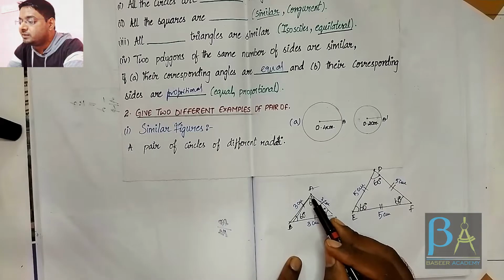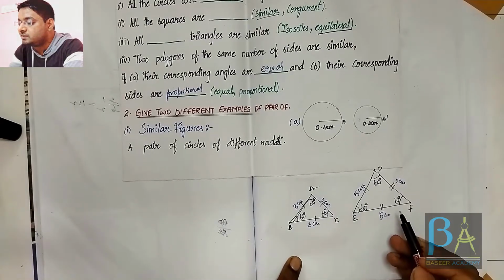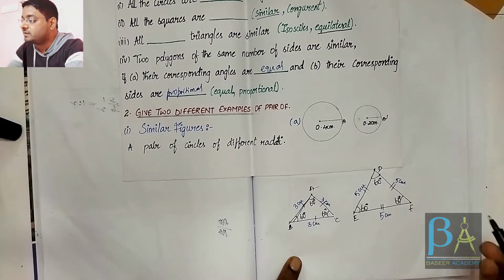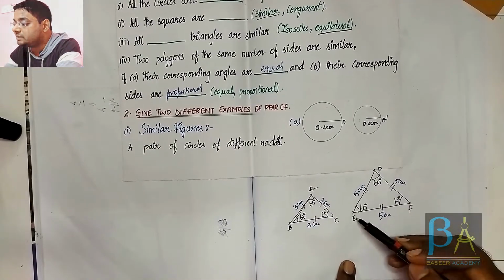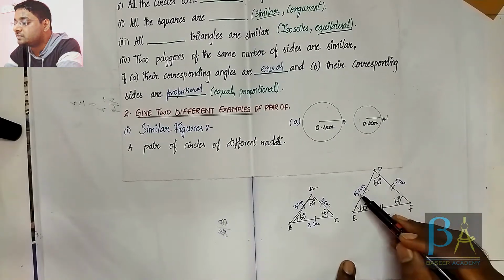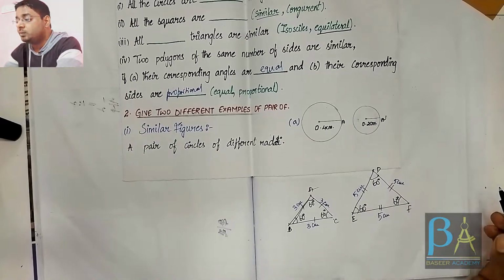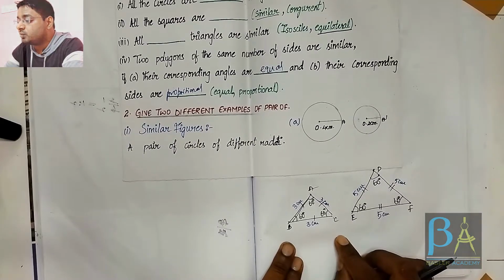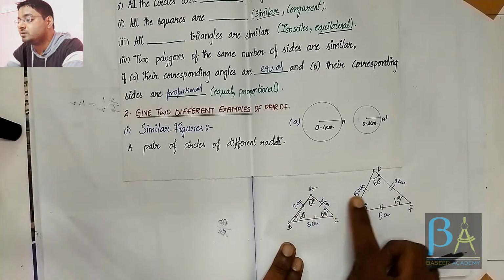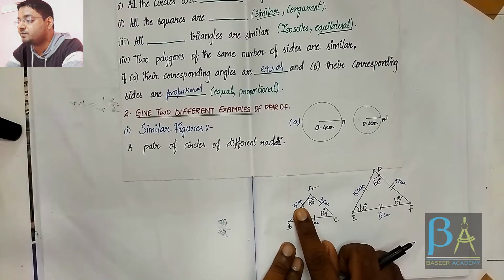So let us say in this equilateral triangle ABC each of the equal sides is 3 centimeters, and in this equilateral triangle DEF each of the equal sides is 5 centimeters. Now, if we take the ratio of the corresponding sides, we see that the ratio is the same. Why? The ratio of these two corresponding sides is 5 by 3, which is 5:3.